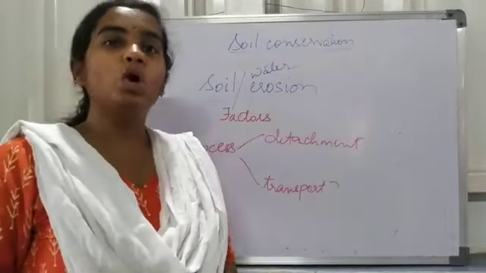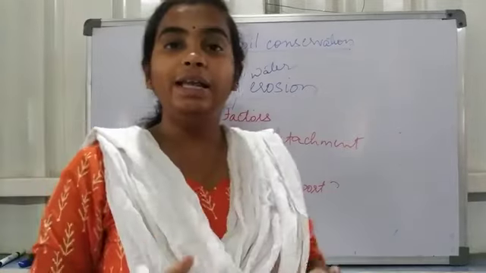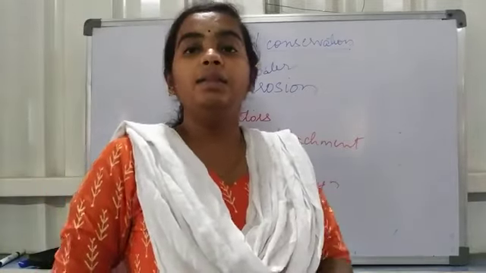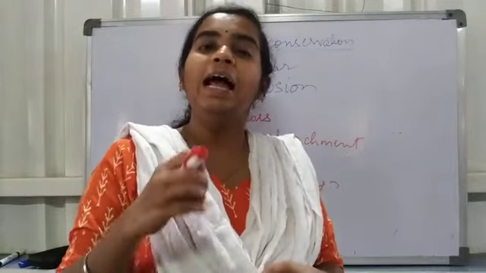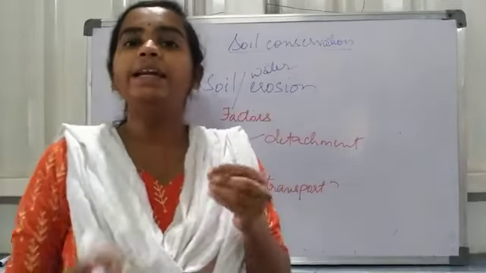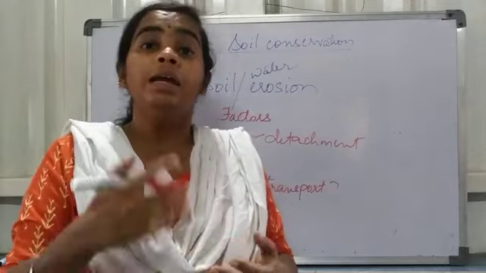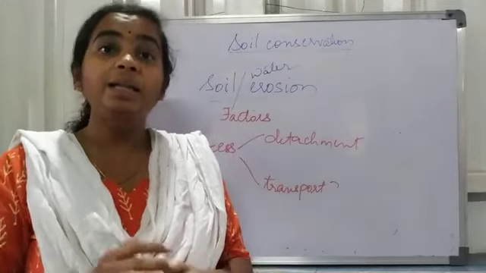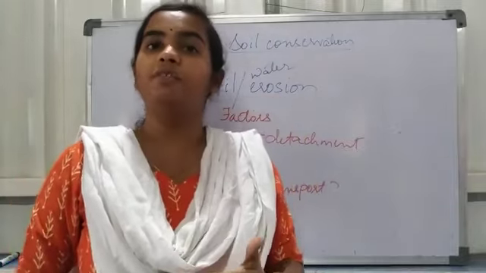Like what I was saying earlier, if it is a light soil, it will be very easy to detach, because the soil particles are very loosely held in an aggregate, and if a heavy droplet falls on that aggregate, it will be easily dispersed and individual particles can be easily detached, but the transportation of such particles will be difficult. But in the case of heavy soils, the detachment itself is difficult.